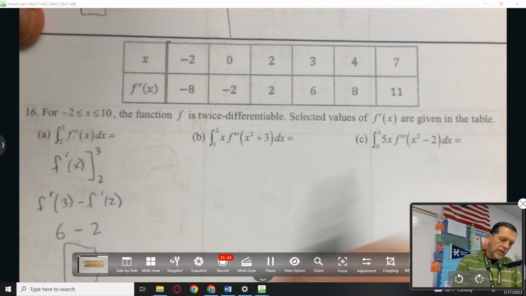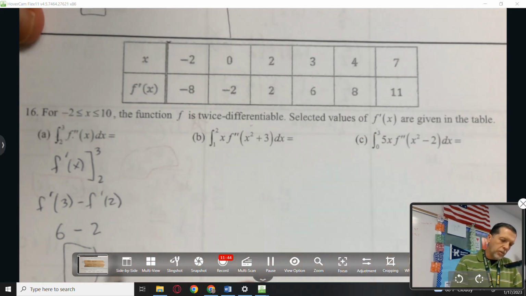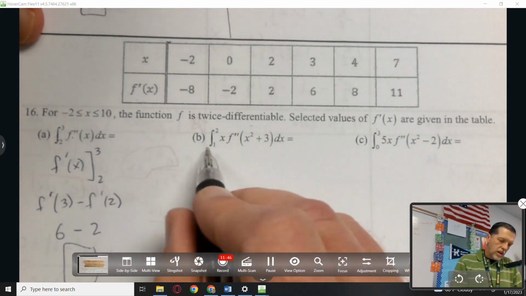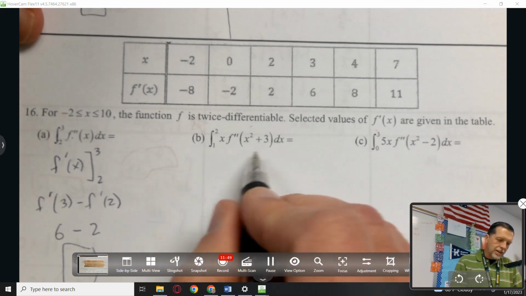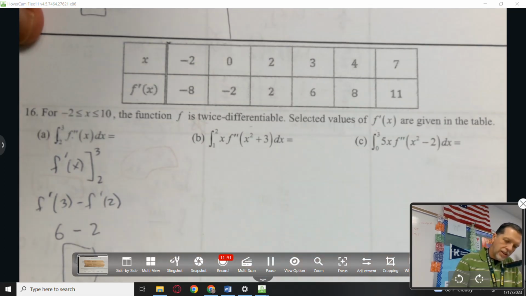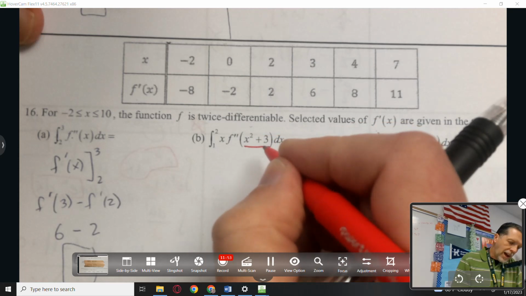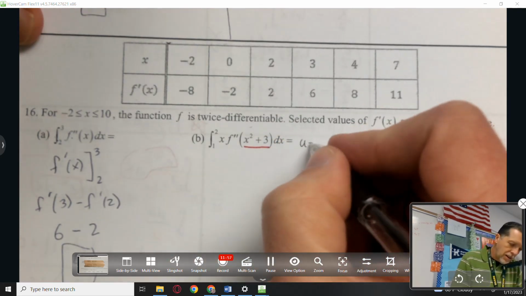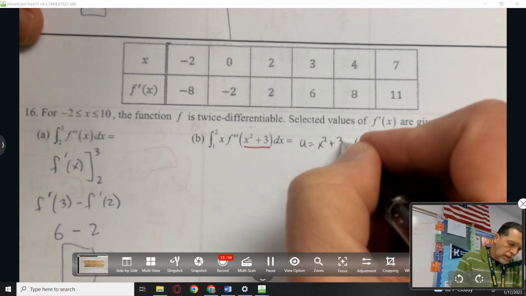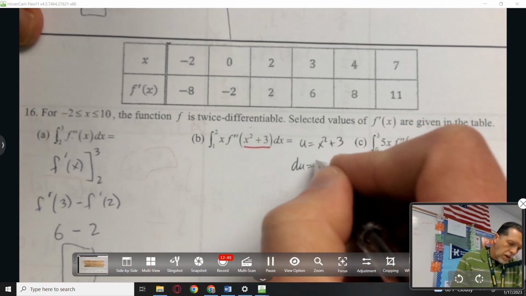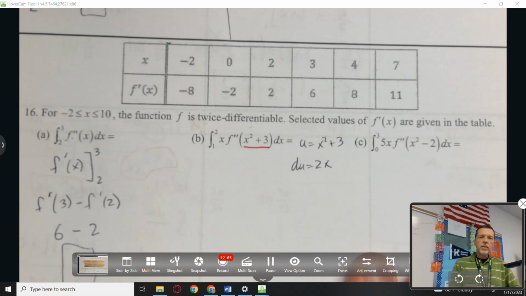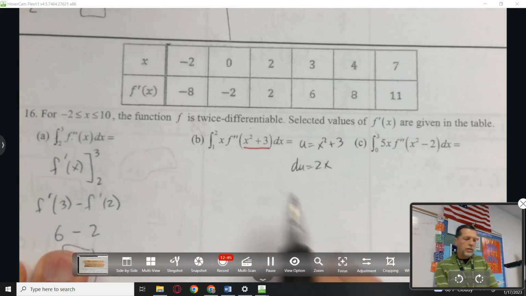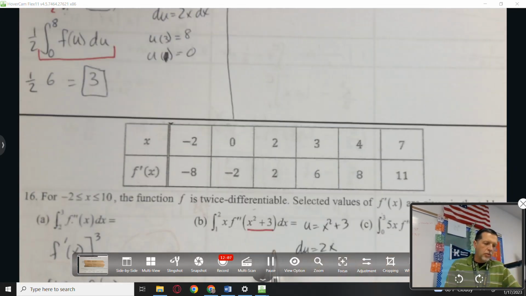Let's do B, and then I'll leave C alone because it's pretty similar to B. Okay, ugly looking stuff, but if I let u be that, then du is close to that. So u is x squared plus 3. By the way, you may have picked up on a pattern here from 14 and 16.